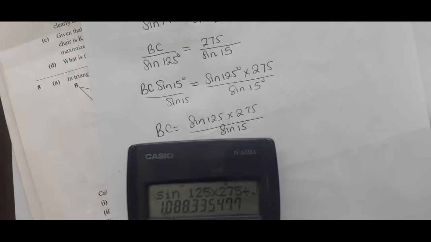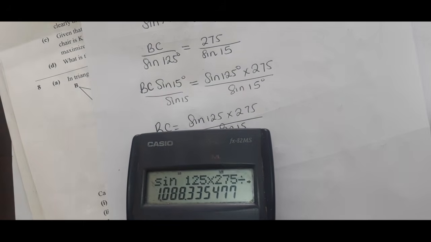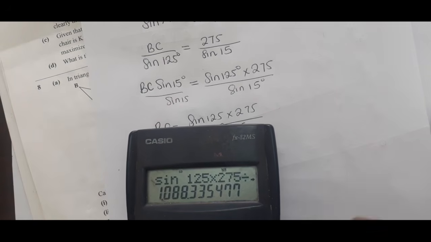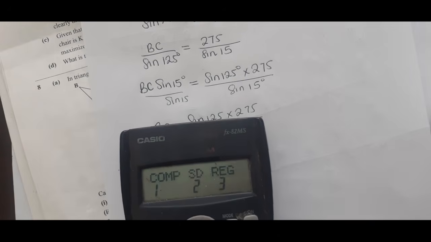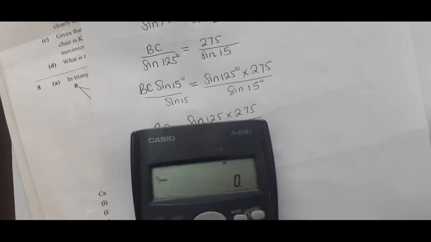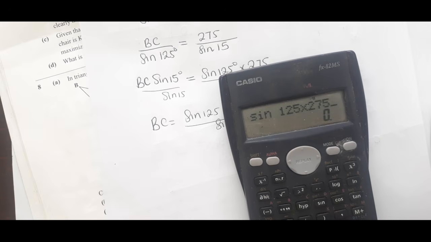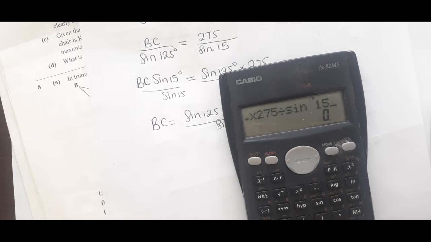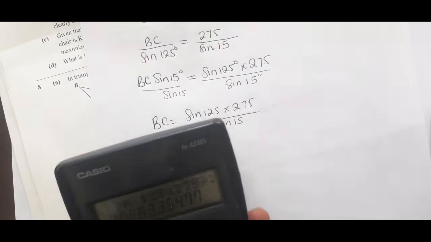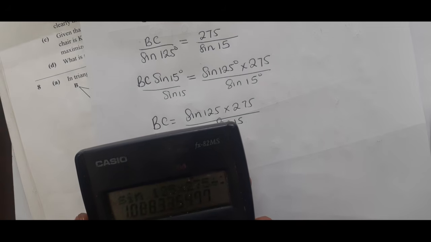I think we need to change the mode of our calculator. That SD should not be there, so we need to go to 1. Yes. Let's redo it. I think the calculator was in a wrong mode. So we need sine 125 multiplied by 275 divided by sine 15. Are we getting the same thing? We're getting the same thing.